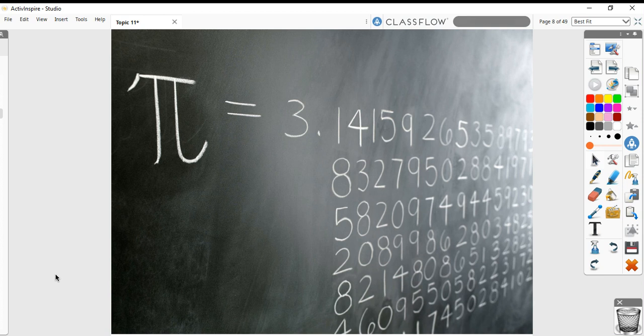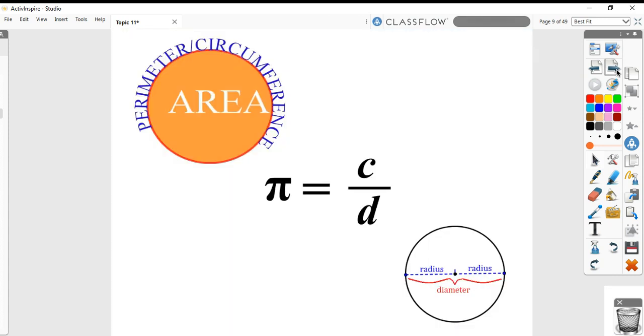So, whenever you see pi as part of your equation, part of your formula, whatever it is, you need to make sure that you are treating it the same way you would treat the number 2 or the number 28. Okay, it is just a number. You can multiply and divide, add and subtract just like anything else. Okay, so with that in mind, let's look at what pi is relative to circles.